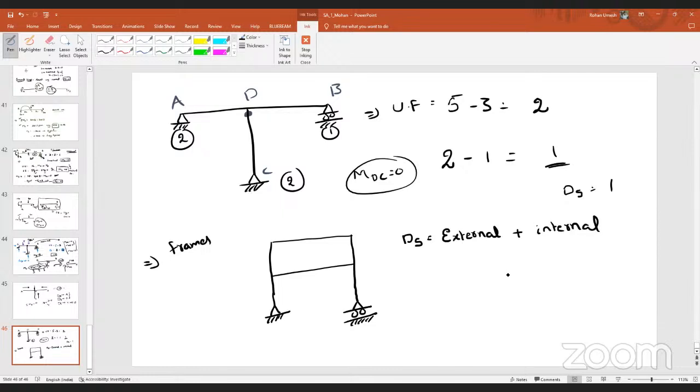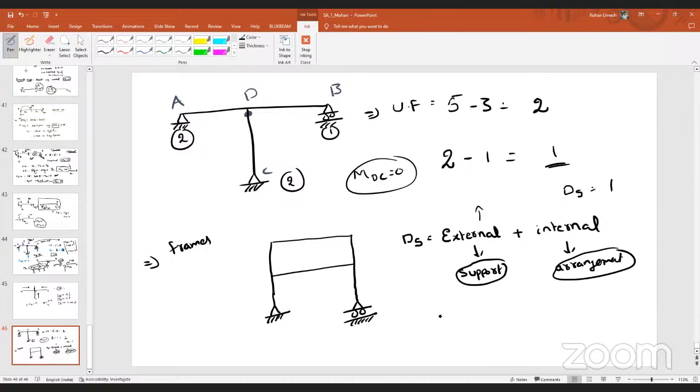So now we are going to discuss the indeterminacy from the point of these two. External indeterminacy is the indeterminacy that you get because of the unknown support reactions. Internal indeterminacy you get because of the arrangement of the members.